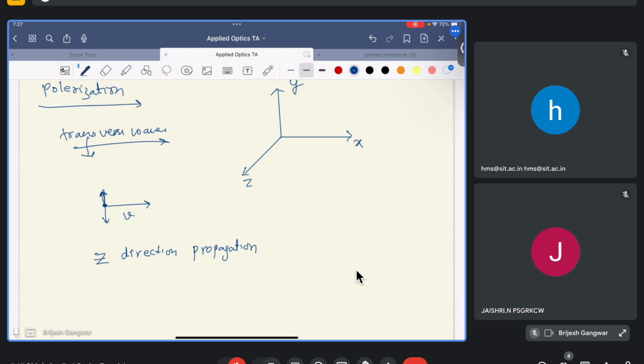So the particle can vibrate in the xy plane. So the particle can vibrate along the x direction, in the y direction, or somewhere here, somewhere here. So in all possible directions the particle can vibrate. So in nature, unprocessed light is generally called unpolarized light.